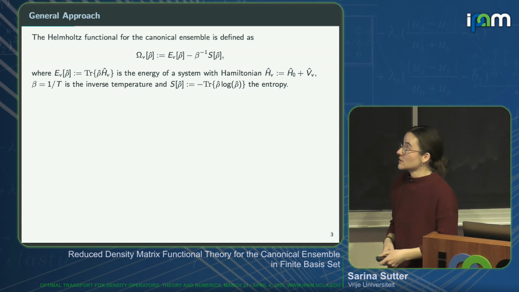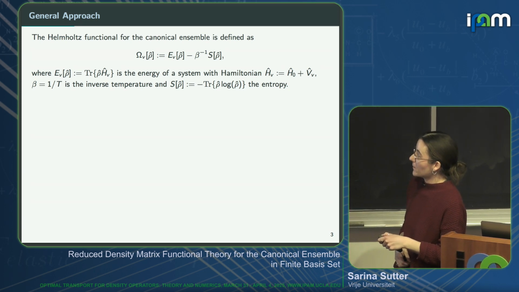If we have non-zero temperature, then of course we have the energy given by the Hamiltonian, and then we have this additional term, where S is the entropy and beta is the inverse temperature.